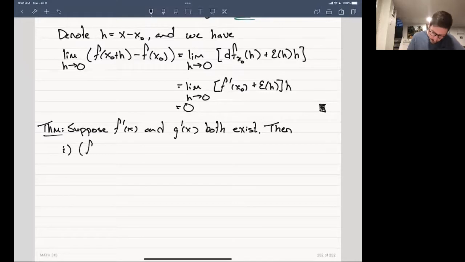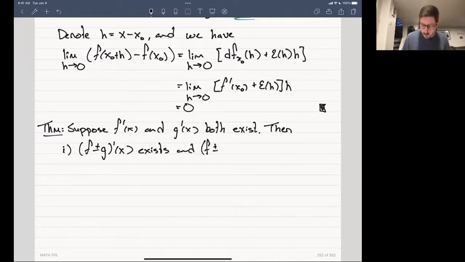First of all, if I add or subtract these functions and take a derivative, this exists, and f plus or minus g has a derivative that is just the sum or difference of the original derivatives. So this shows us that the derivative distributes over sums and differences.